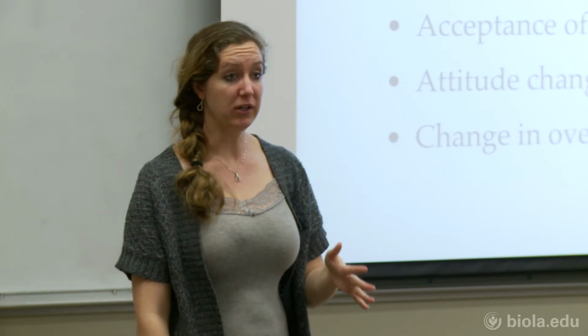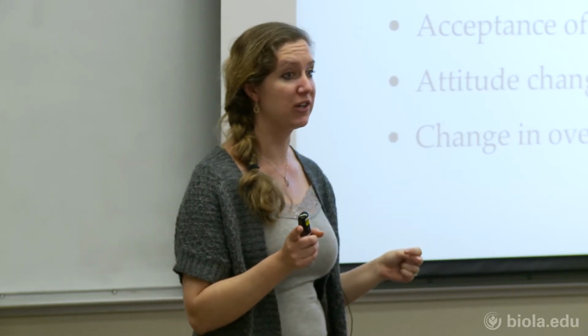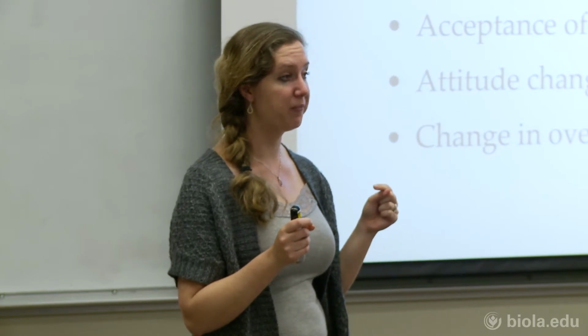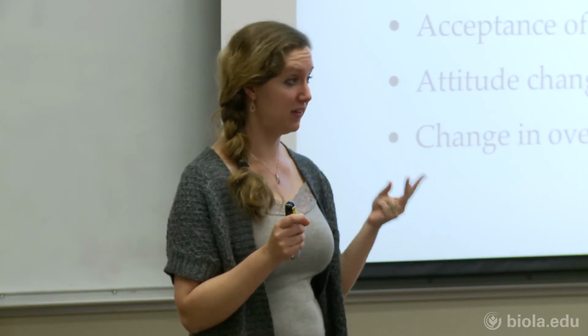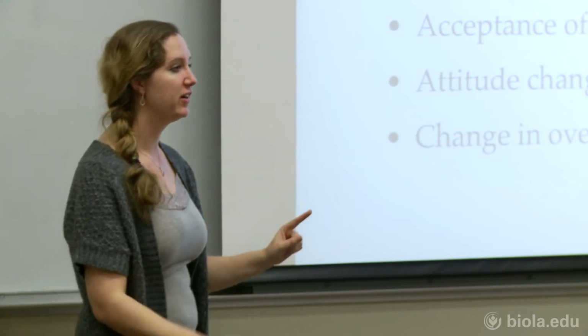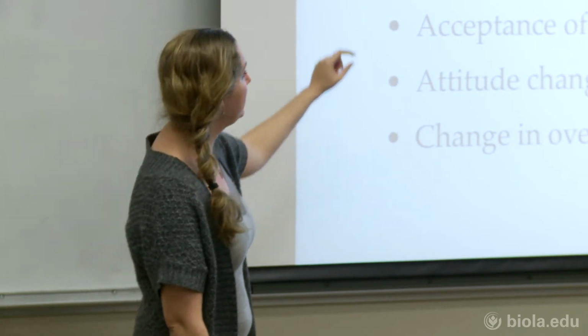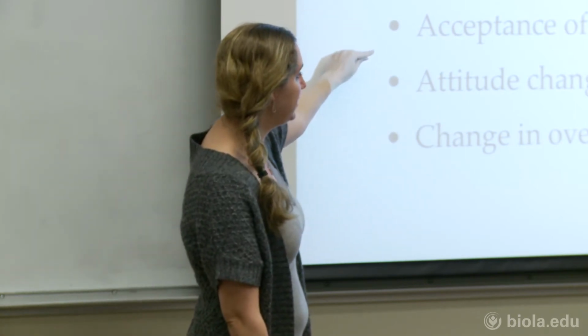Now, if you remember last week with the objectives, there were 3 kinds of objectives you could have, right? What were they? Perfect. Knowledge, predisposition, behavior. Look at these goals for a communicator, and you see it again. You see that it's knowledge, right?